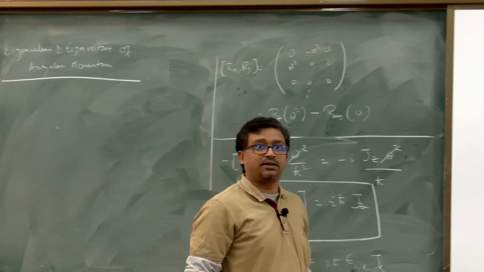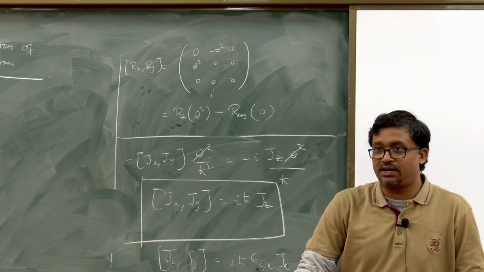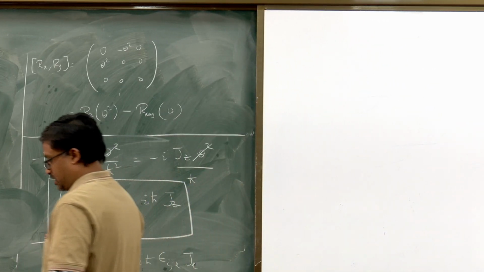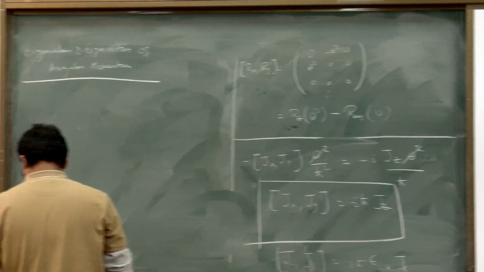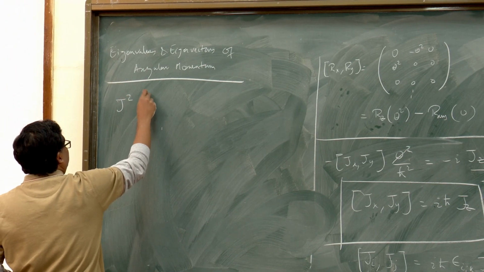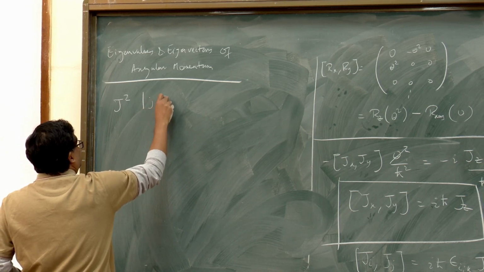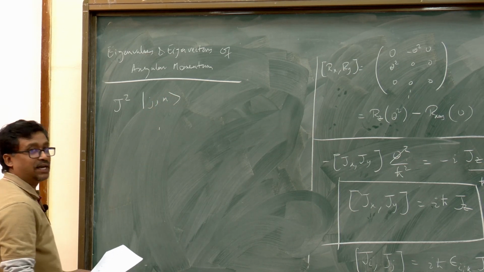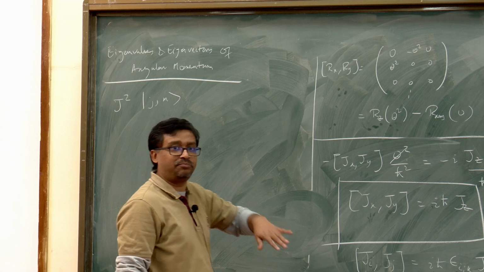I'll start by writing the answer that we all know. We will try to derive that answer. So if we have a J square operator acting on some ket represented by j and m. Why do we represent it by j and m? We will come to that.